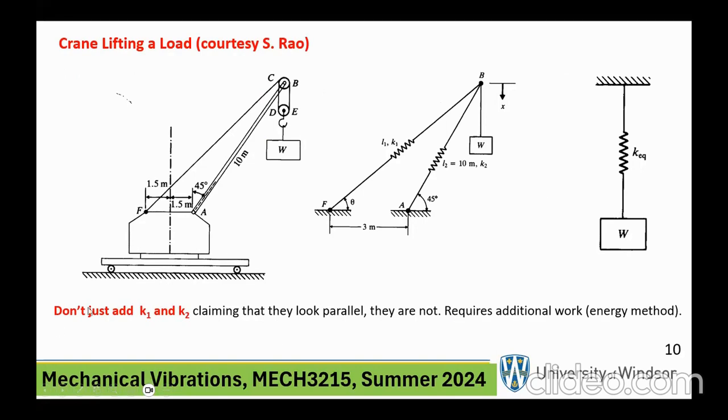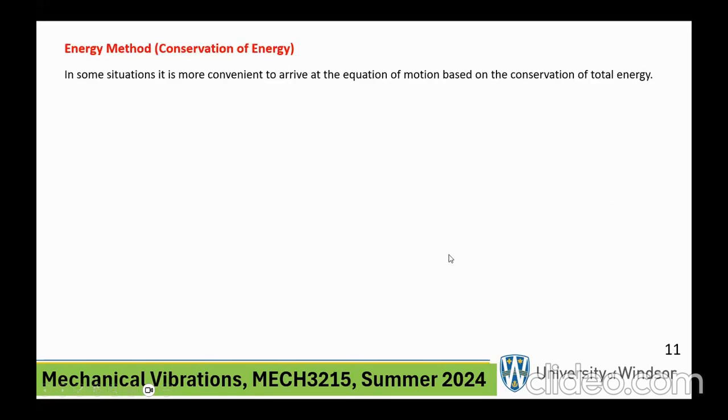So don't just add them up. Once you know the configuration, you can find K1 and K2, but don't just add them up and claim that I can solve the problem of the vibration of this mass based on the sum of these two. That is not the case. Now we're going to do energy methods.